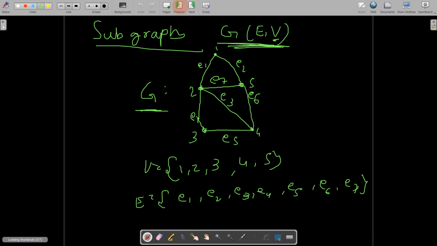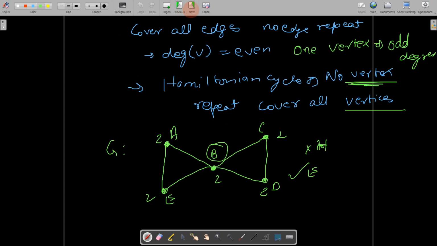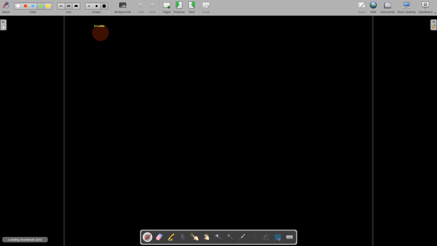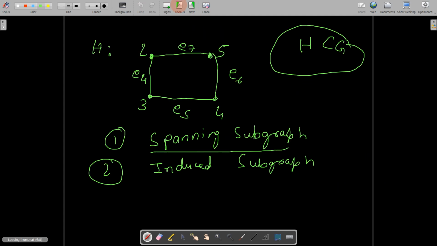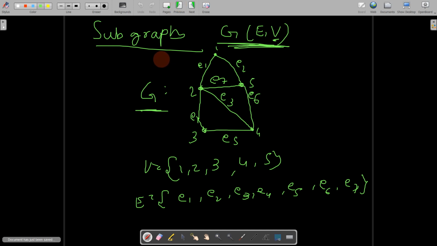Okay, next important topic is induced subgraph. What does induced subgraph mean? You pick any small set of vertices from V. Suppose we pick, we will color it using red, 2, 5, and 4. In between 2, 5, 4, whatever edges are there in the original graph, E7, E3, and E6, all these edges have to be there.